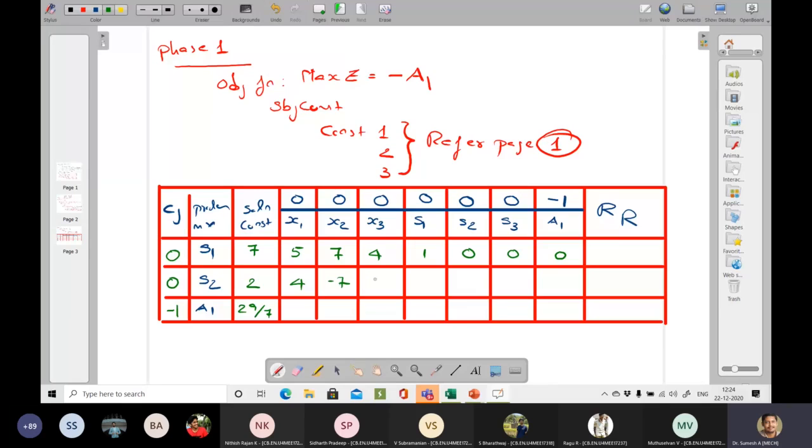The third constraint is 29 by 7, then 3, 4, minus 6, 0, 0, 0, minus 1 and 1.